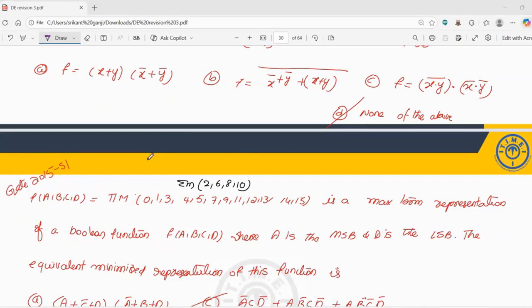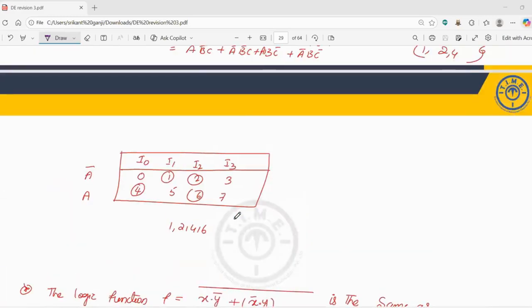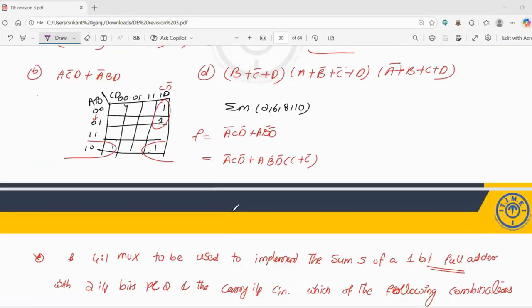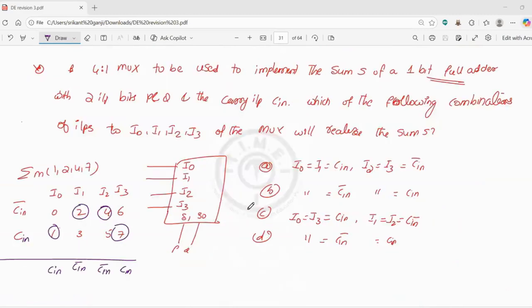Okay. Check the diagram. Okay, diagram you will check.